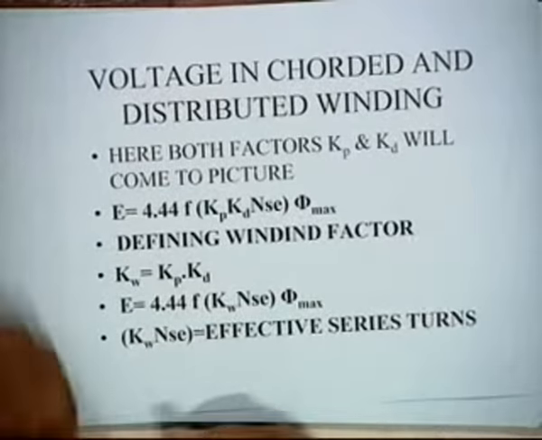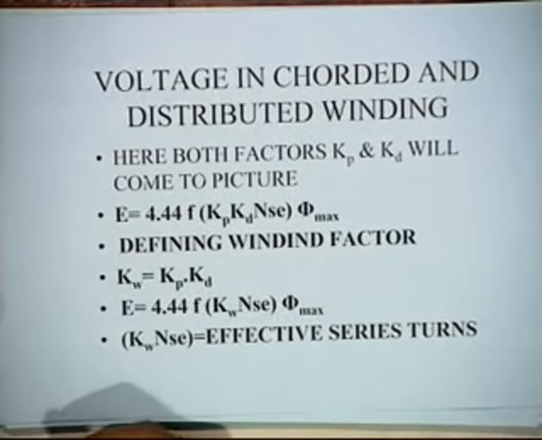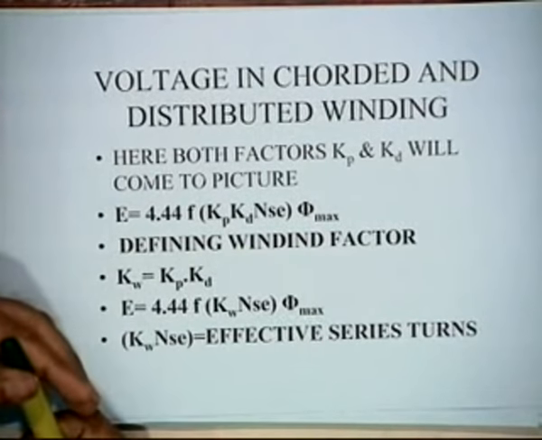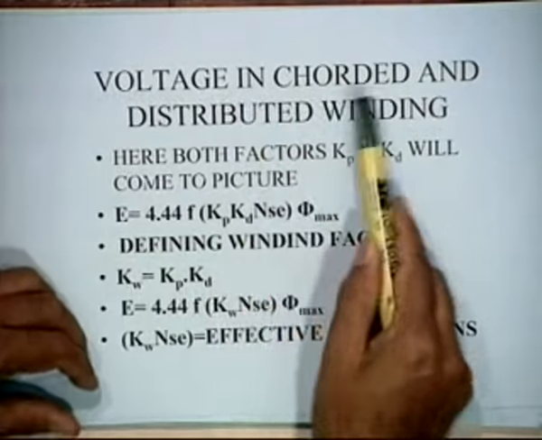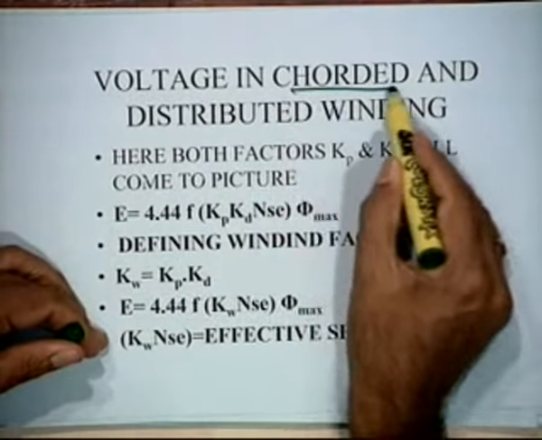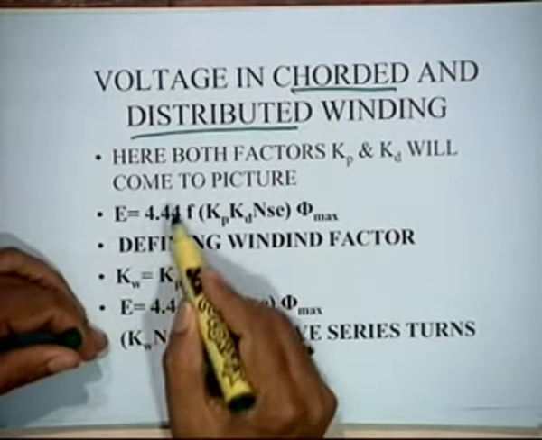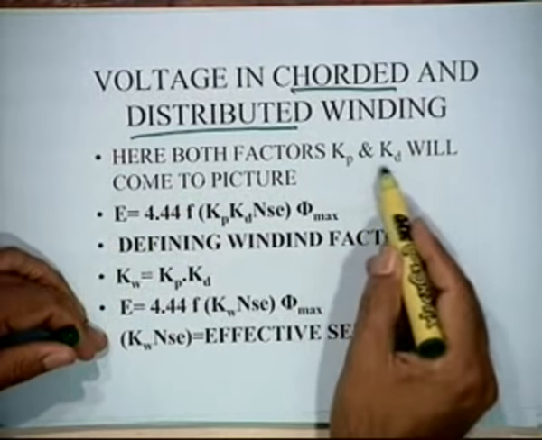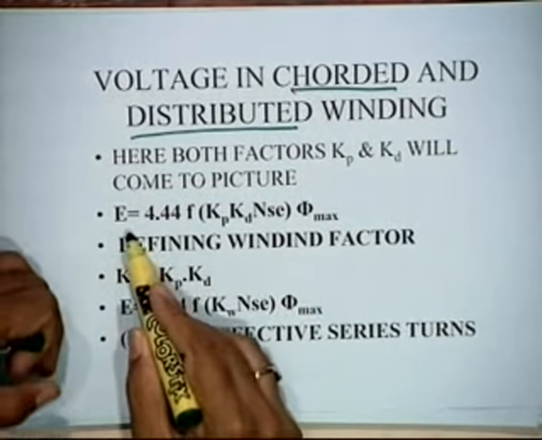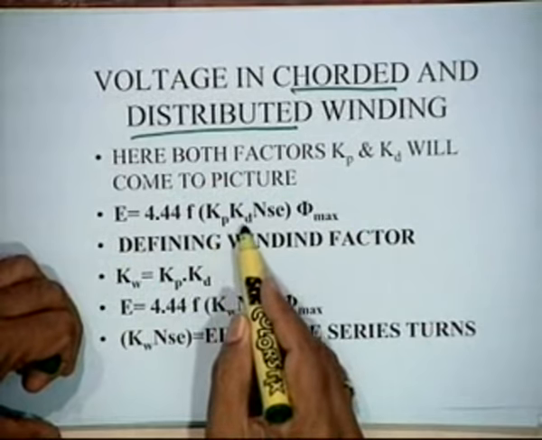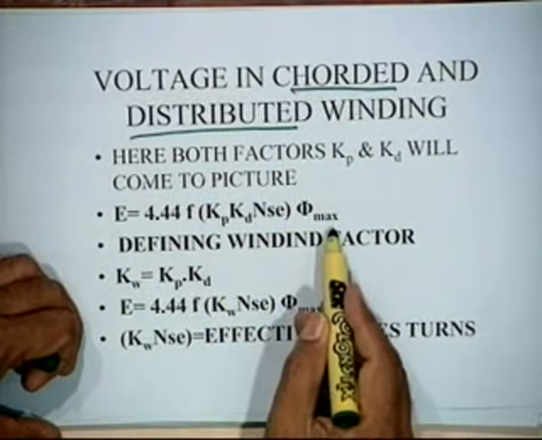Supposing they are both distributed and chorded, that is also possible, right? Then what will happen? It is a simple expression, it will take a minute. The voltage in a chorded and distributed winding will be, here both factors Kp and Kd come into the picture. So, E will be 4.44 f into Kp Kd into Nse into phi max.